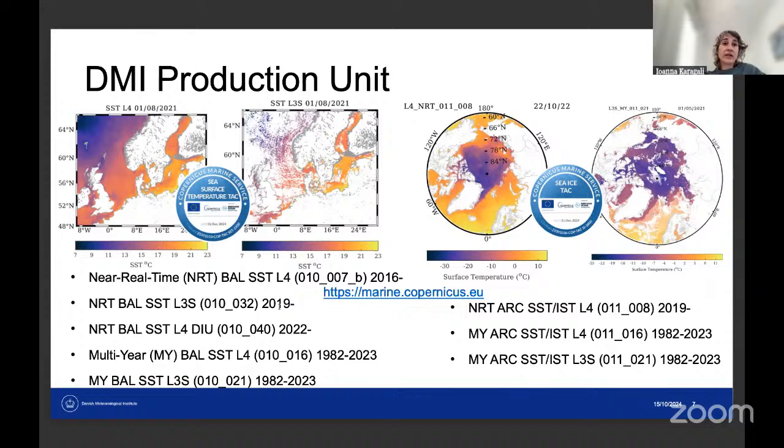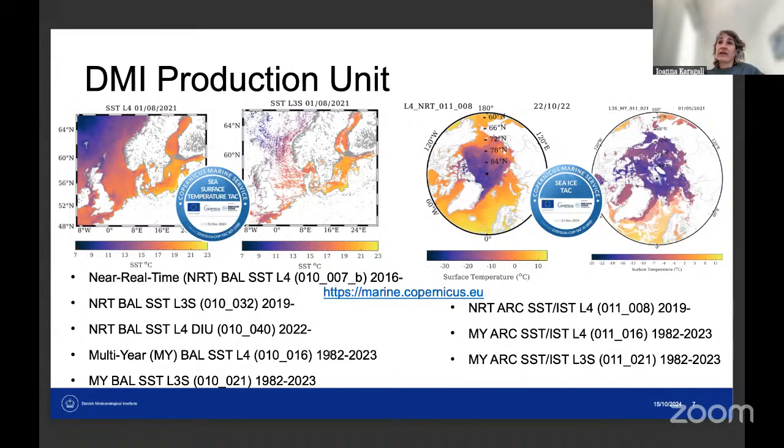We have near real-time products that start from 2016 or later, depending on the product. We also have the multi-year time series, which for now cover about 42 years of observations. They are all GHRSST compliant, and I can show you later how these kinds of multi-year products are used.